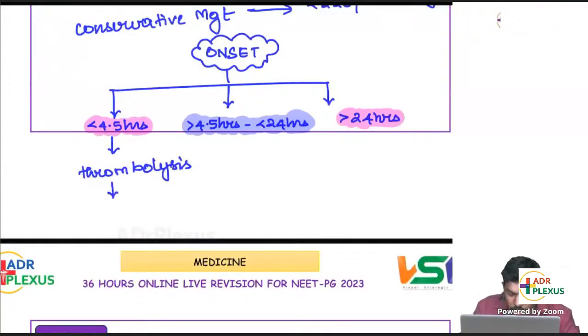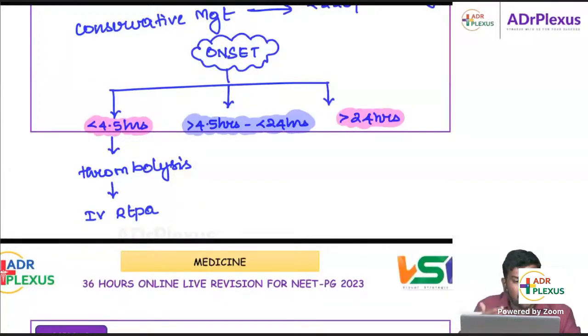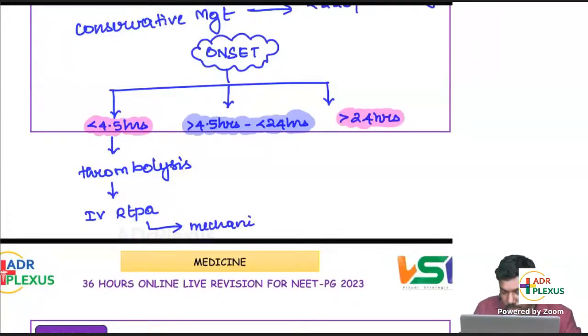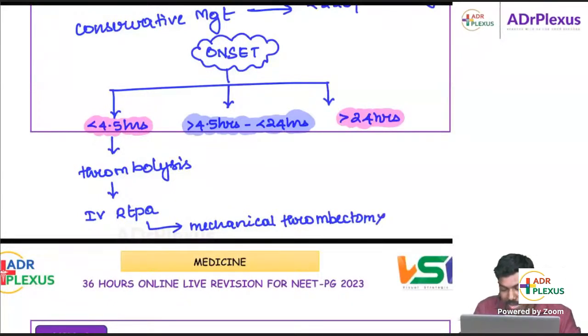You are going to go for IV recombinant tissue plasminogen activator, and the drug is going to be alteplase. If it is not effective, then you can go for mechanical thrombectomy. I have told you this in our regular class.